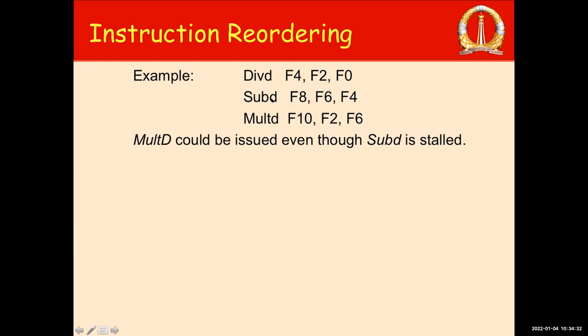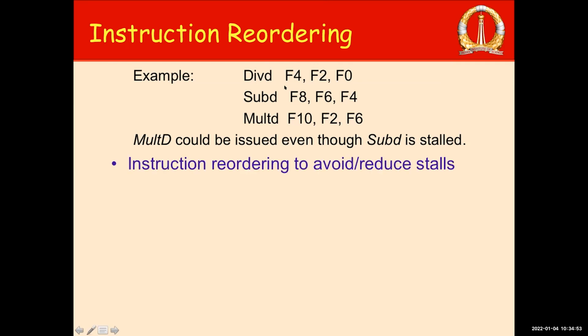Therefore, the subtract instruction cannot go for execution until the divide instruction computes the result. And the divide is typically a very long pipeline, it could be like 32 cycles. So by the time the subtract can go into execution, it would be 30 plus cycles.